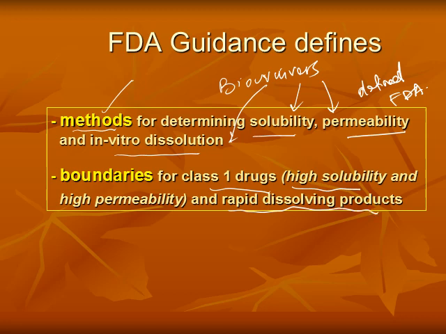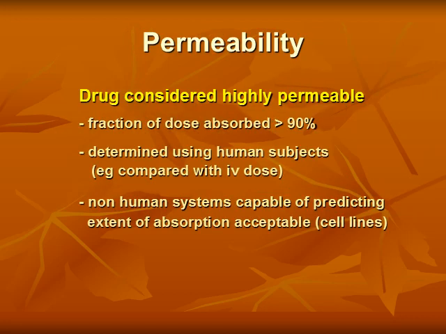How can we consider a drug as high solubility or high permeability? A drug is considered highly permeable when the fraction absorbed is more than 90%.